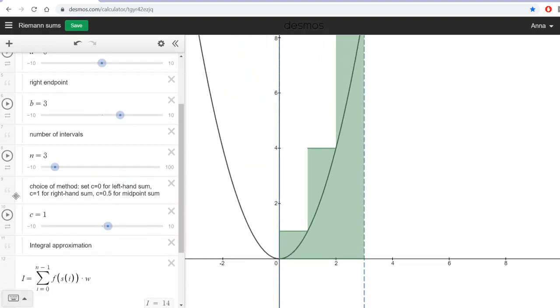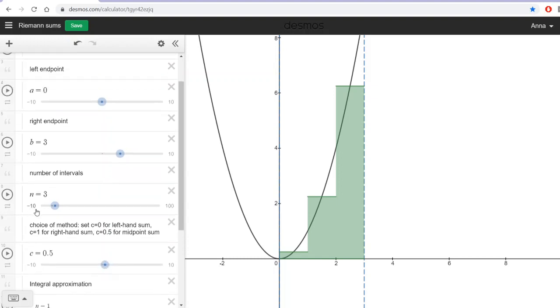Then down here, this is the only thing I think is a little counterintuitive. You basically just have to read this. If you want to do a left-hand sum, you slide this to c equals 0. If you want a right-hand sum, you slide it to c equals 1. If you want a midpoint sum, you slide it to 0.5. And then this tells you how many intervals. Right now we're on 3.